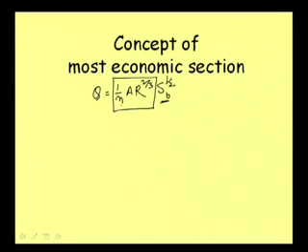Now, when S0 is fixed and n is decided from the other criteria as discussed, then our target is to maximize A R to the power 2 by 3. Or we can write this as 1 by n A, then A by P to the power 2 by 3, and S0 to the power half.